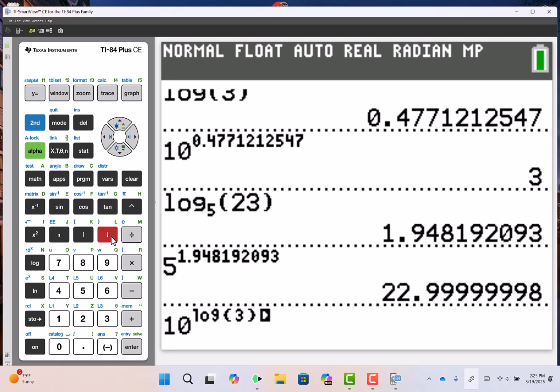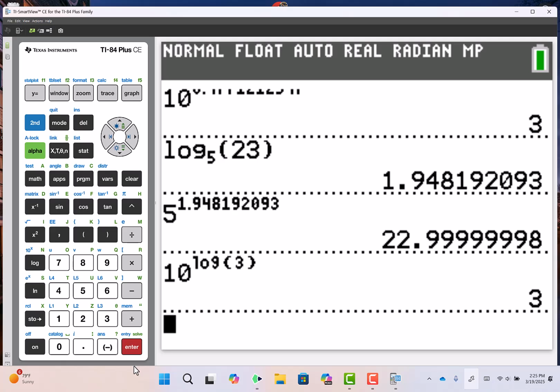It's not going to give an error. It's going to do the log 3 first, so it's going to go 0.47. It's going to be the same thing. It's going to be 3. Good job. You guys are smart. Do you see what's going on, guys? Logarithms are exponentials. I mean, they're not called that, but they carry the same properties.